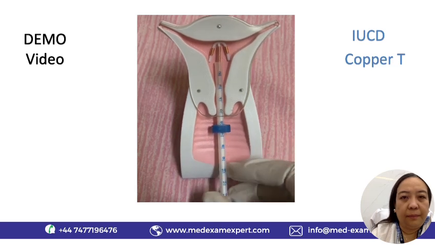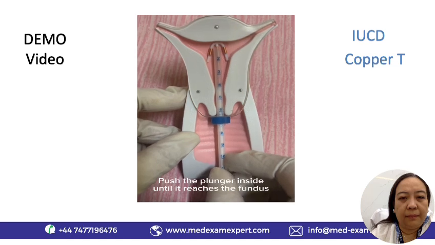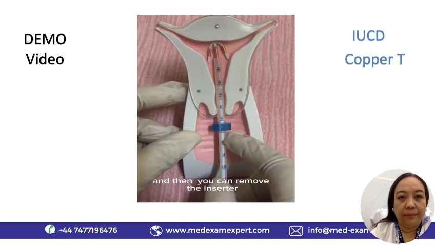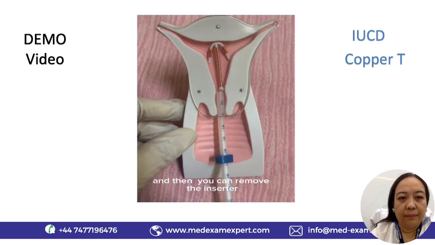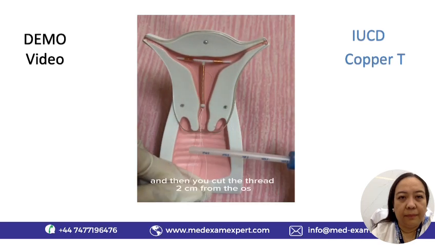Then push the plunger inside until it reaches the fundus. Then you can remove the inserter, and it will look like this. And then you cut the thread 2 centimeters from the os.